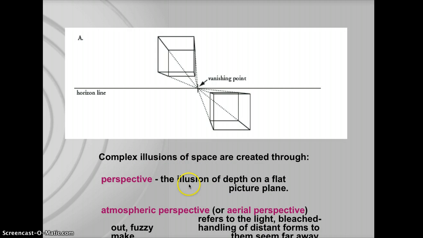Linear perspective requires a horizon line, which is your eye level. It requires vanishing points, and it just depends on your perspective to the object. So those are the two main things that you have to remember: where is your horizon line, where is that object in relationship to your horizon line, and where do you imagine those vanishing points existing?